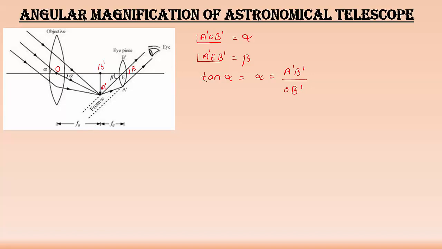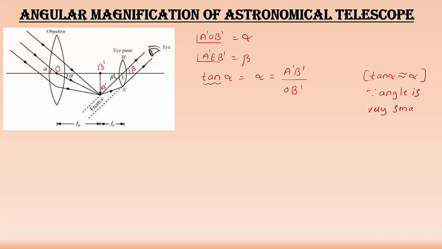Here I am going to neglect tan: tan alpha is equivalent to alpha only, because the angles are very small.